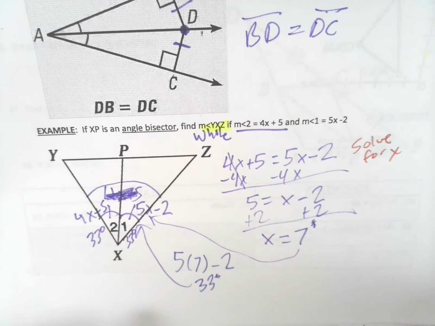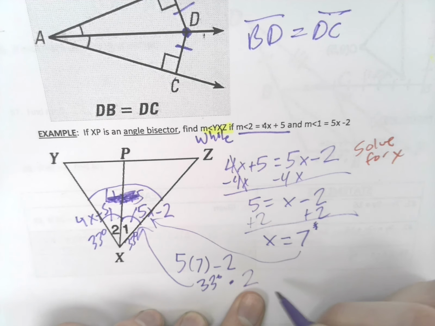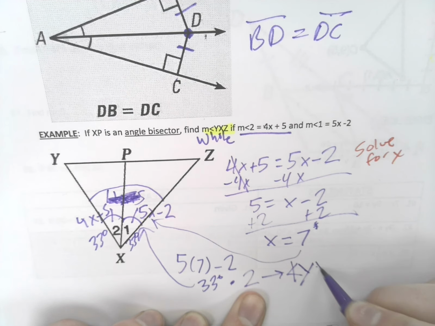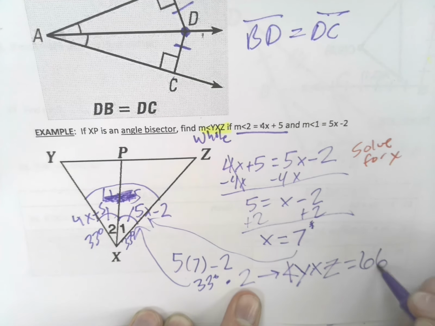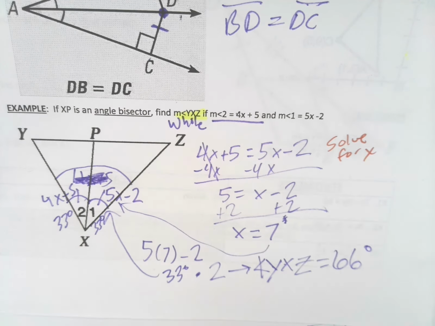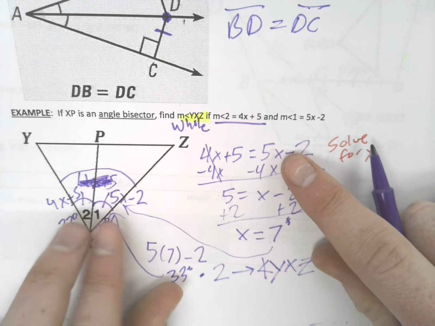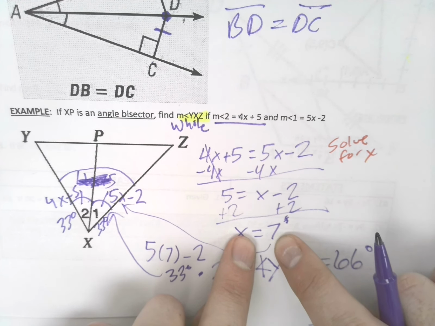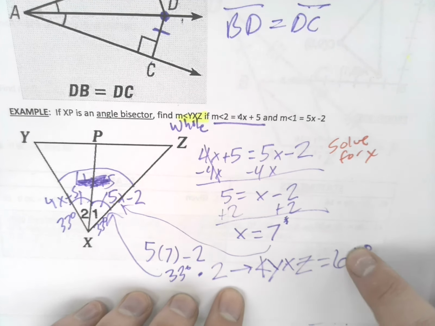So take 33, multiply it by 2, and we know that angle YXZ equals 66 degrees. Hopefully you felt pretty good about that. This bisected this angle, which means they're the same, so set them equal. Once you find what x is, you can plug it back in and then double that angle to find the whole.